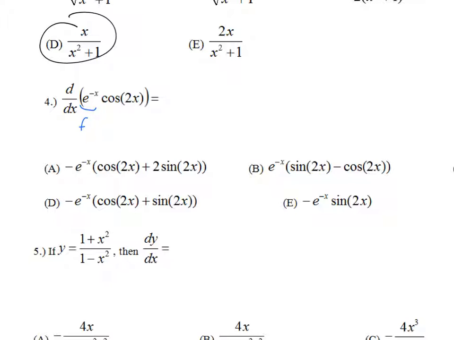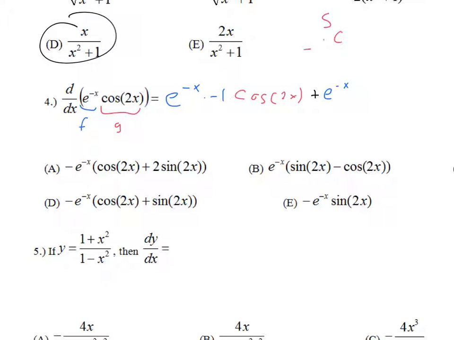F, G. We're multiplying those things together. The derivative of an exponential function is the exponential function times the derivative of the exponent. Now this exponent is negative x, so the derivative of that is going to be negative 1 times g, the cosine of 2x, plus e to the negative x times the derivative of cosine.